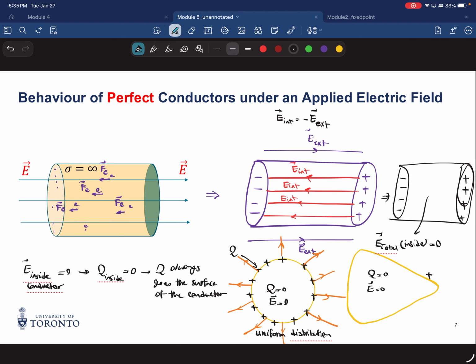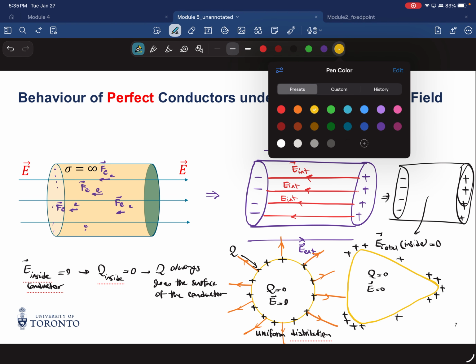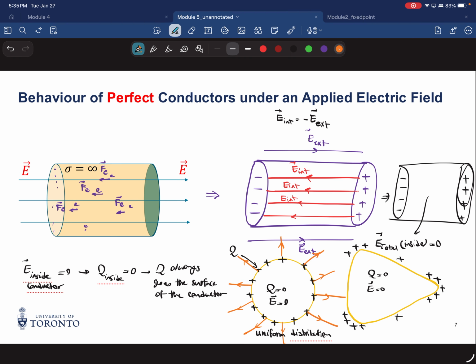Okay, so we have more charges on the corners, and then less charges where we don't have edges or corners. The reason is that every corner we have, the electric field must be perpendicular to it. In order for this field to be perpendicular, you would have many more charges.